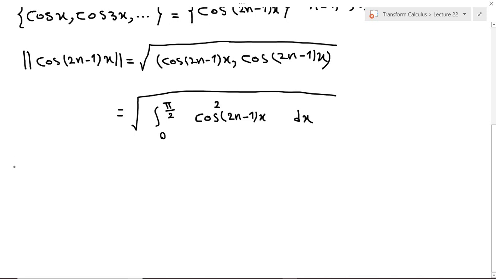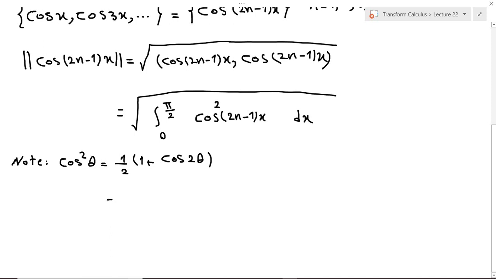So we know, note, that cosine squared theta is equal to half of 1 plus cosine 2 theta.